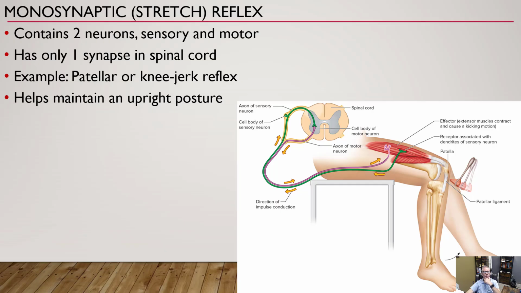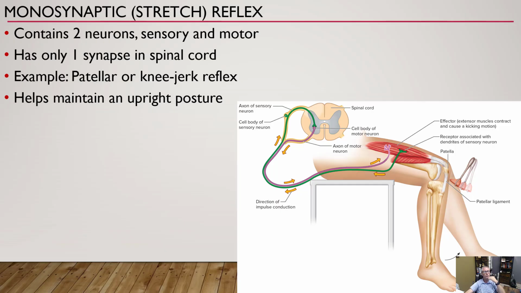We have what's called a true reflex, which basically only contains a sensory neuron and a motor neuron. No interneurons are involved whatsoever. You don't have to know this pathway, because remember I said the only pathway you're going to have to remember are those 5 components: receptor, afferent, interneuron, efferent, effector.